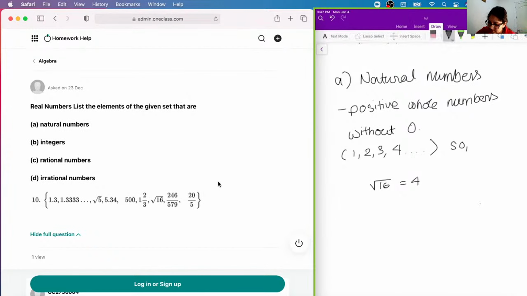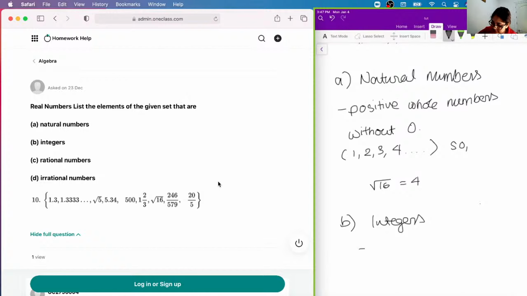So now we can say for B, which is integers. Okay. So integers are whole numbers and negative numbers, in addition to 0.